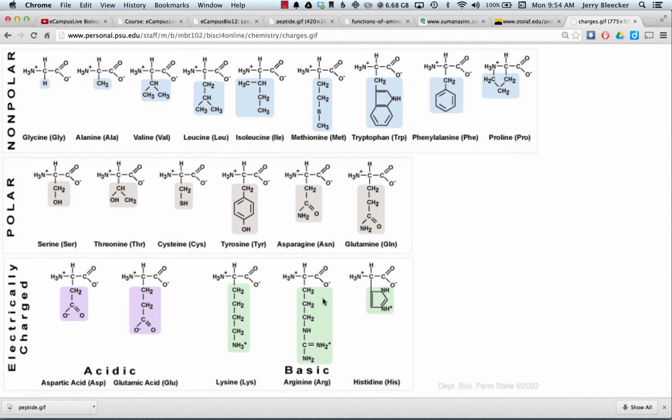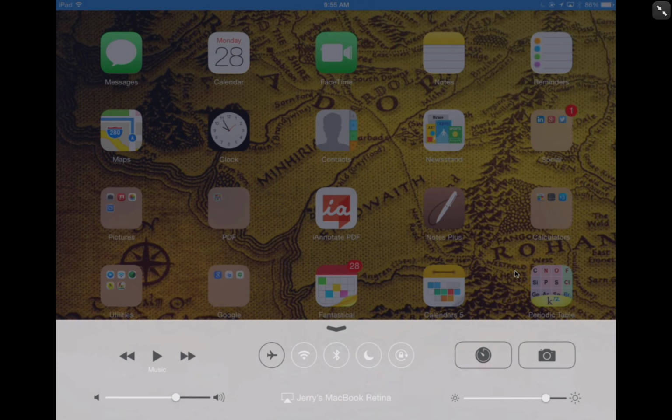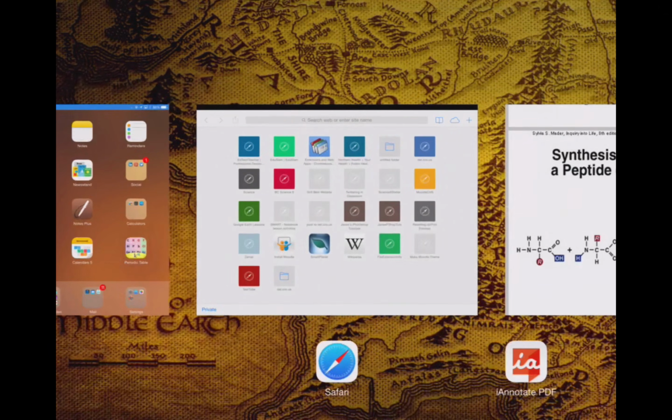And these give different chemical characteristics, or different amino acid identities, I guess I'd be more correct in saying, to our different aminos. So there you go. It's quite an assortment. Just pop back here.